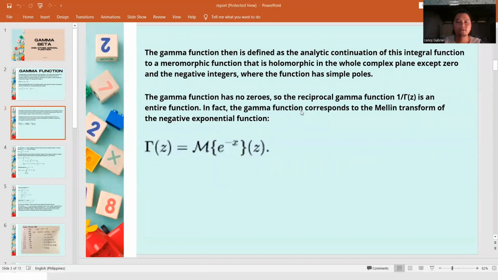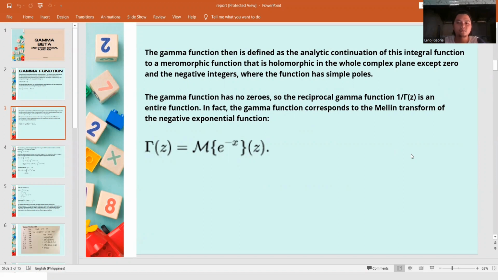The gamma function then is defined as the analytic continuation of this integral function to a meromorphic function that is holomorphic in the whole complex plane except 0 and the negative integers, where the function has simple poles.